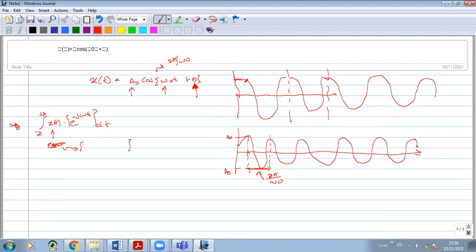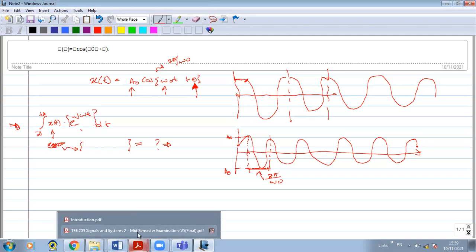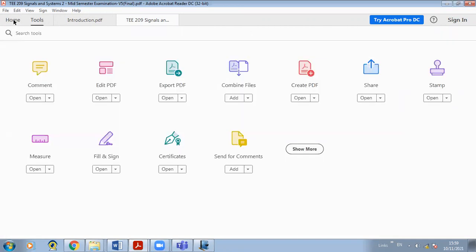Then you can easily evaluate the integration and find the frequency domain signal of this cosine wave. But we need not follow those steps, because we have been given one known fact. What is that?